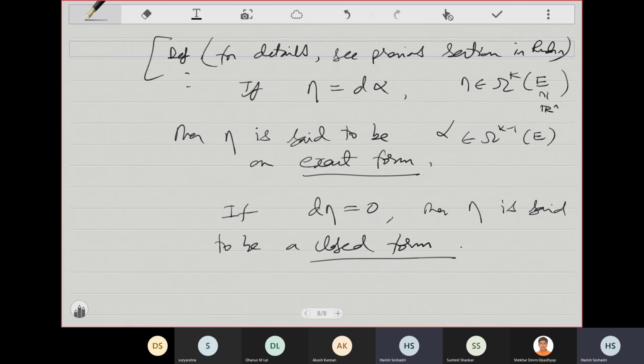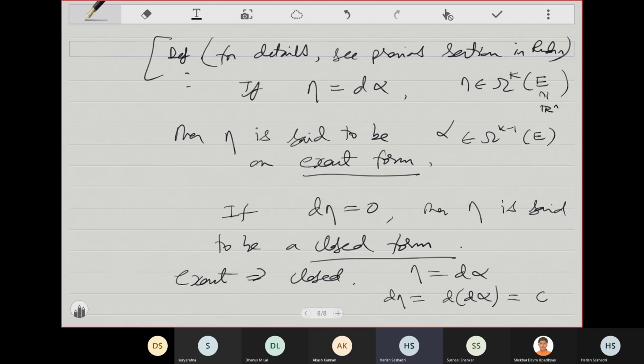Now, the first observation one makes is that if a form is exact, then it is closed. Exact implies closed, because if eta is d alpha, d eta would be d of d alpha, and we know that d squared is 0. So the set of exact forms is a subset of the set of closed forms. In fact, it's easy to check that these are vector spaces as well.